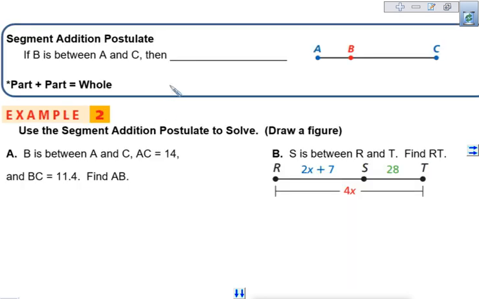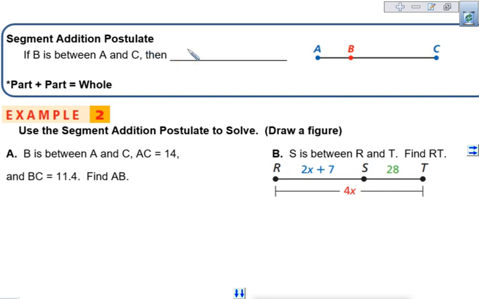Next up, the segment addition postulate. So we have segment AC. And B is in between A and C. Notice I didn't say in the middle, I said between. Between doesn't mean that it has to be right at the halfway point. It just has to be somewhere along that segment.